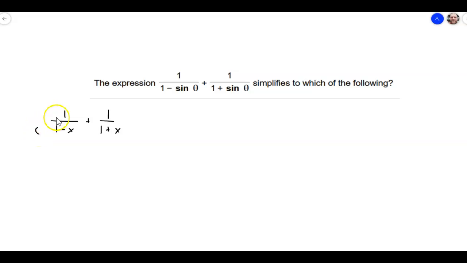So on the left side here, we just do 1 plus x over 1 plus x. And on the other side, we would do the 1 minus x all over 1 minus x.